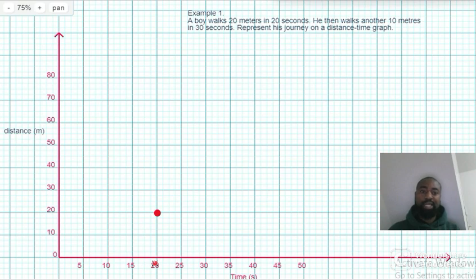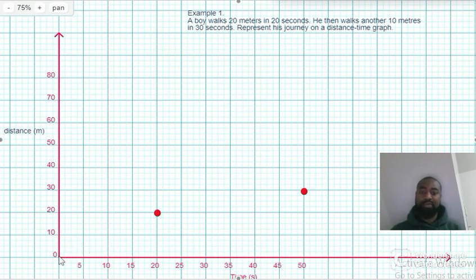Then he walks another 10 meters in 30 seconds. So we add another 10 meters, making it 30, and we also add another 30 seconds to 20, making it 50. So our point will be here. Then finally we connect the dots with a straight line.